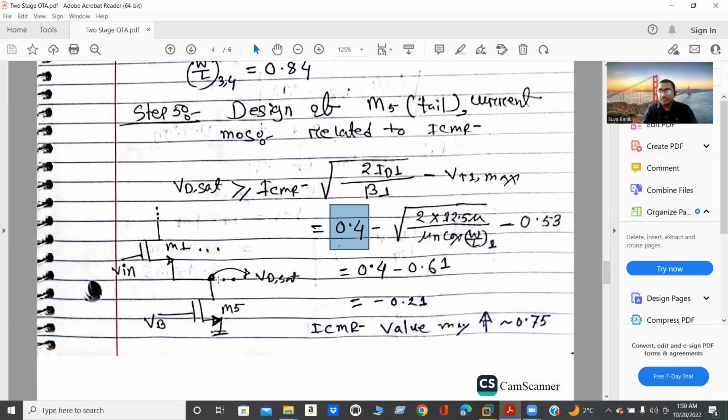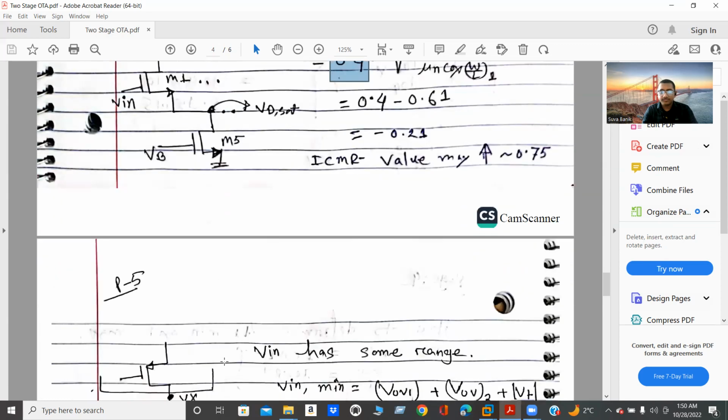Moreover, this also represents the source voltage of my M1. Therefore, it is very crucial to determine a voltage in Vin such that my M1 and M5 should be in saturation mode. Now let's see what the condition is to keep these two transistors in saturation.